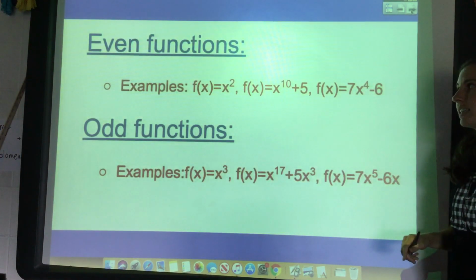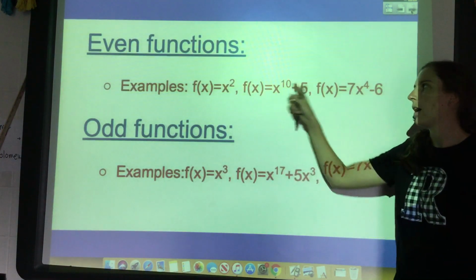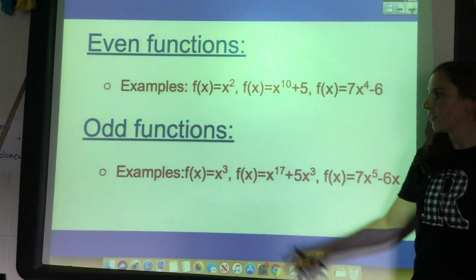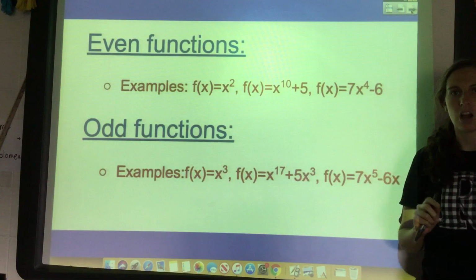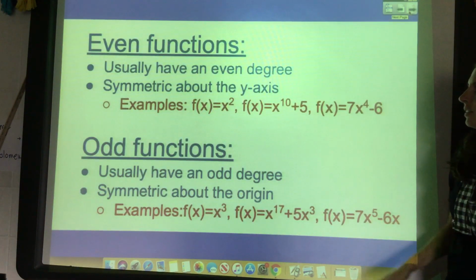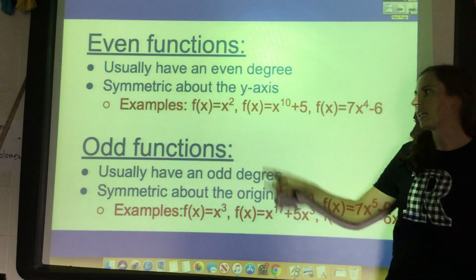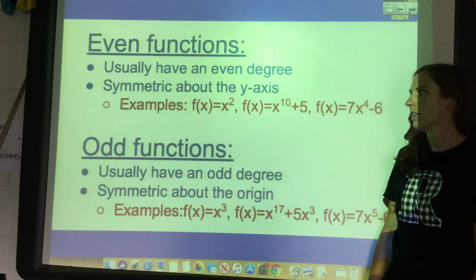So that doesn't always happen, but that's often where it comes from: functions that have even powers are often even, functions that have odd powers are often odd. That's not always true, but even functions usually have an even degree, meaning the highest exponent's usually even.